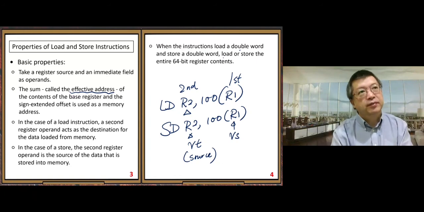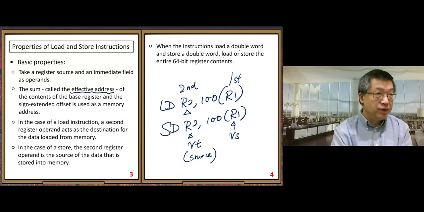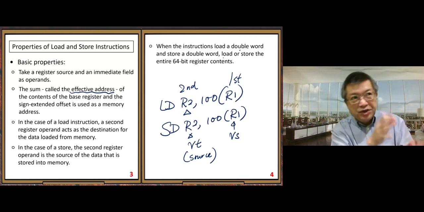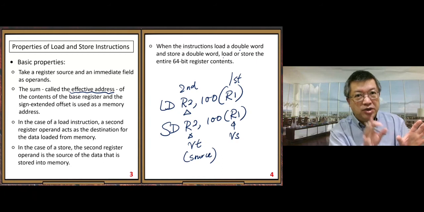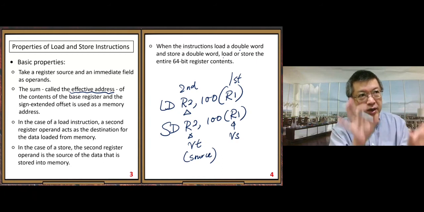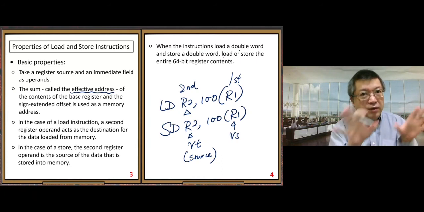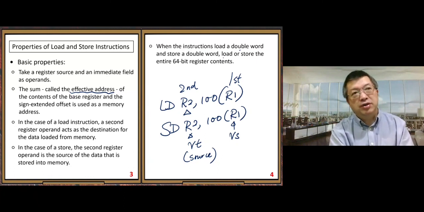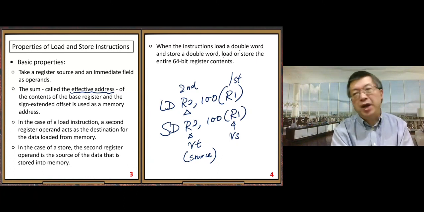For simplicity, RISC does not try to split the 64-bit register for multiple operands. Do not try to save space, because you add a lot of complexity to it.